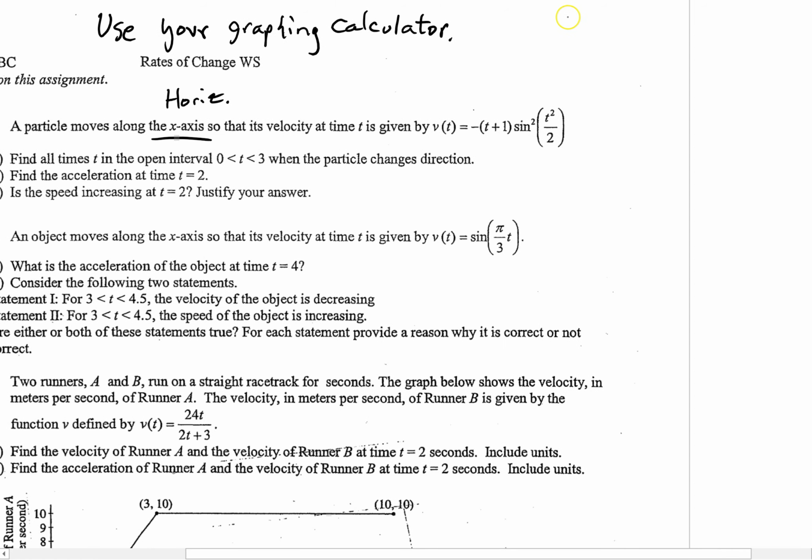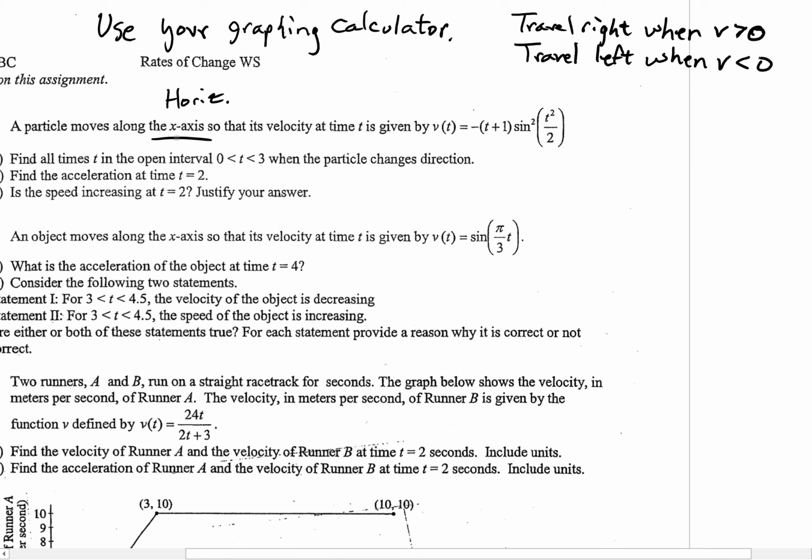A couple of review issues here. We travel right when v is positive, right? We travel left when v is negative.